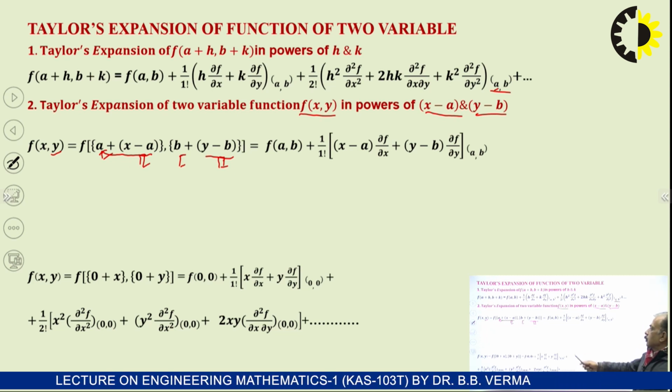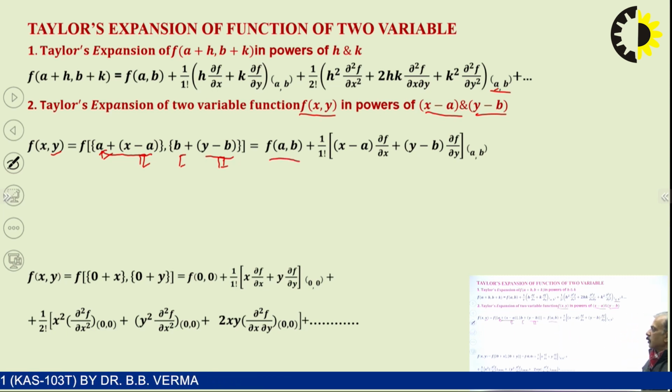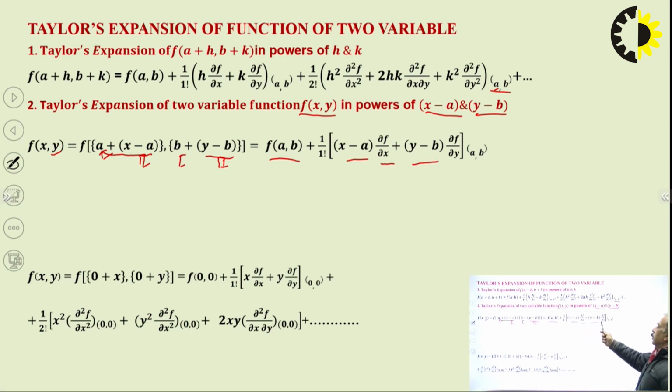So, the expansion formula for f of x y in powers of x minus a and y minus b is f of a comma b plus 1 upon 1 factorial into x minus a into del f over del x plus y minus b into del f over del y, with the values of these two derivatives at x equal to a and y equal to b, plus and so on.